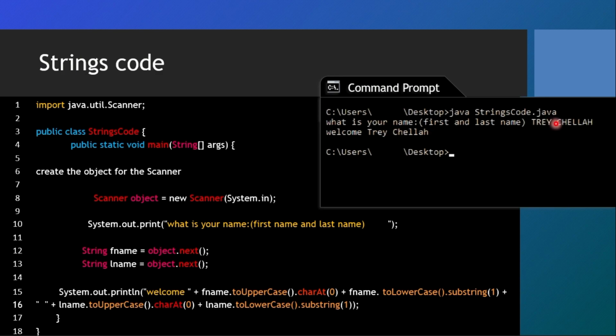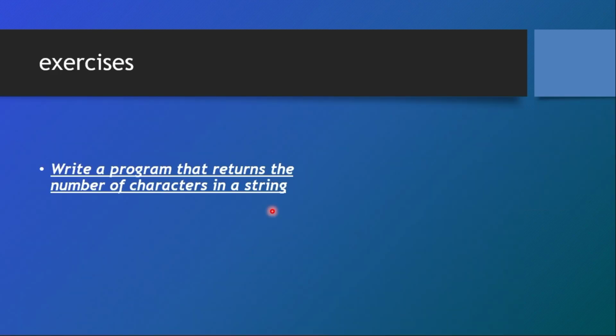The same is done for the last name: we have a capital letter C and the rest in small letters. So this is just a basic representation of how to use the string methods.